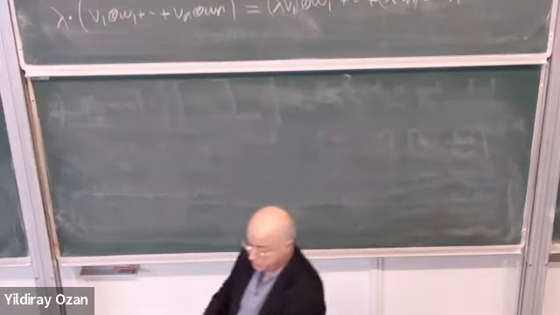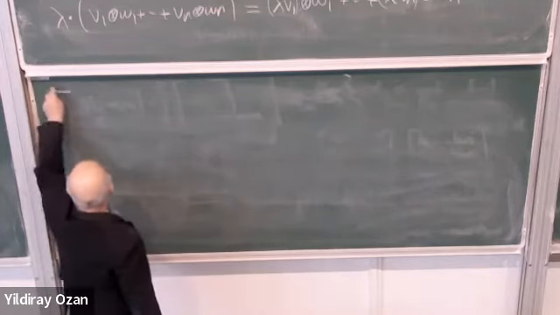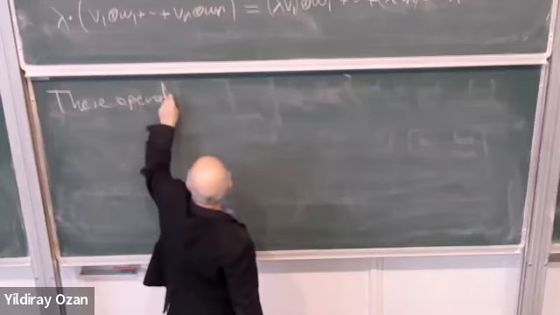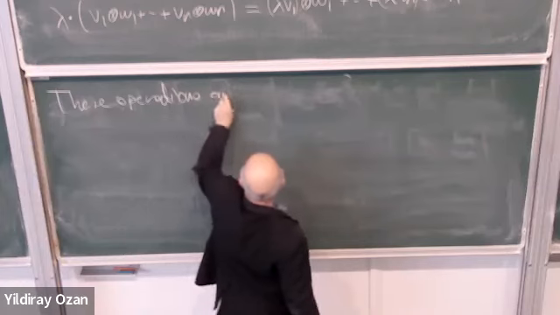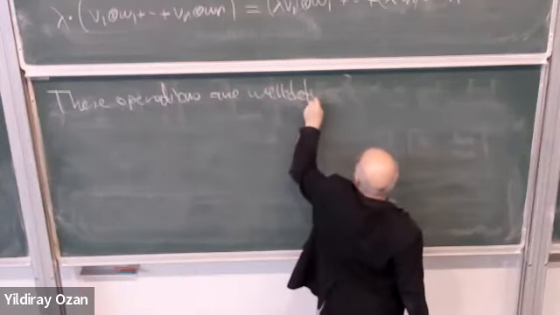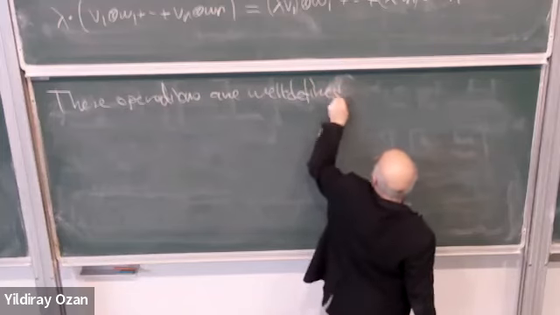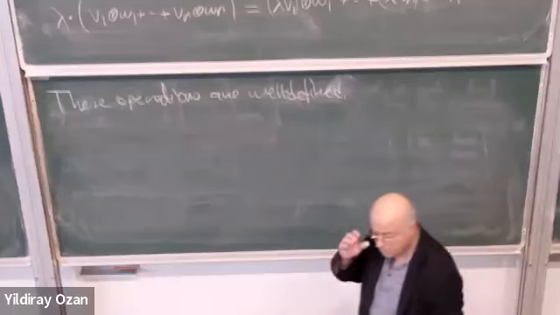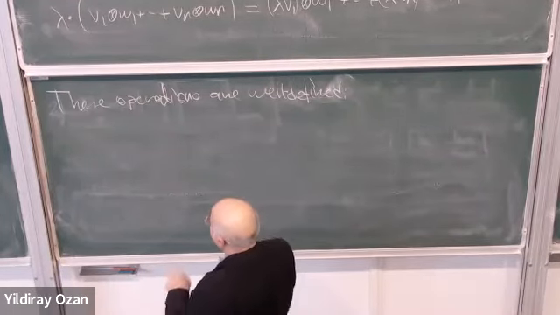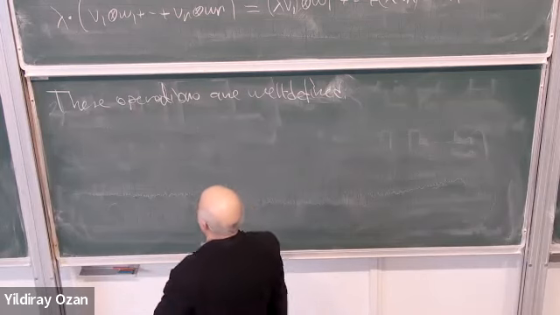For example, here, these operations are well defined. What we mean by this is that they are independent of the choice of representatives.